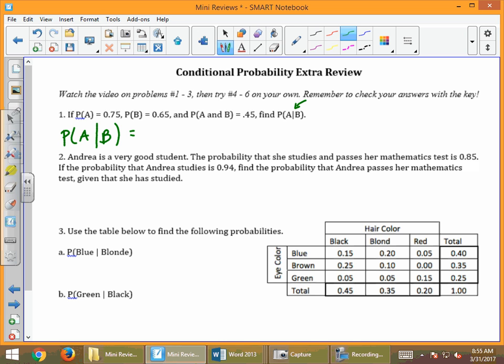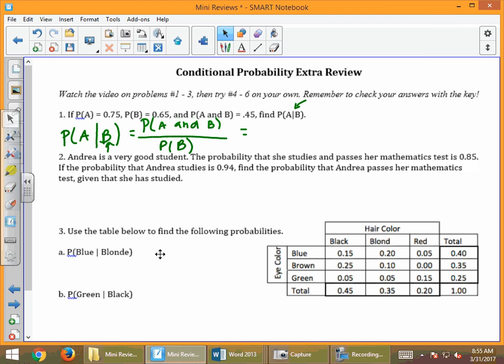And that formula is the probability of both over the probability of the second. So kind of what's in the bottom. So the probability of B every single time. Probability of both divided by the probability of the second whenever you have that straight up and down line. And then you just plug in the right value.